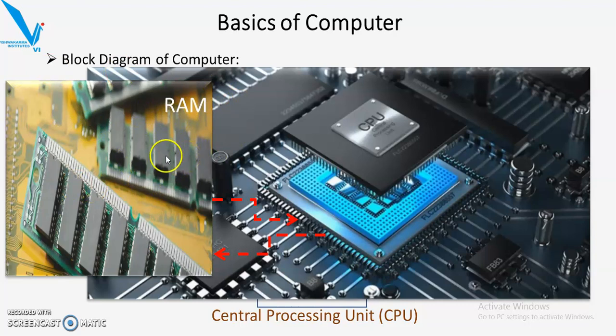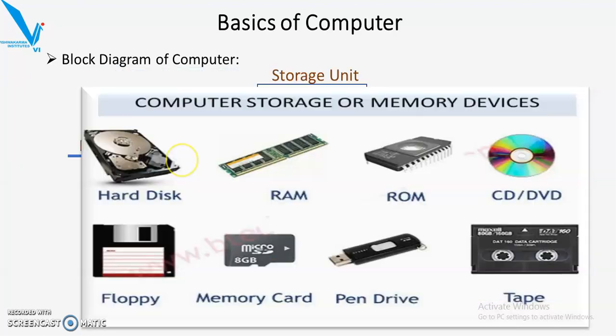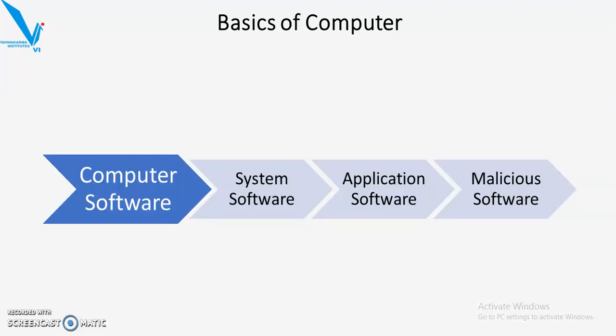It holds the working program that is being used as well as used to store the result temporarily. Next is different storage unit. It includes hard disk, RAM, ROM again, CD, DVD, floppy, memory card, pen drive, tape, etc.